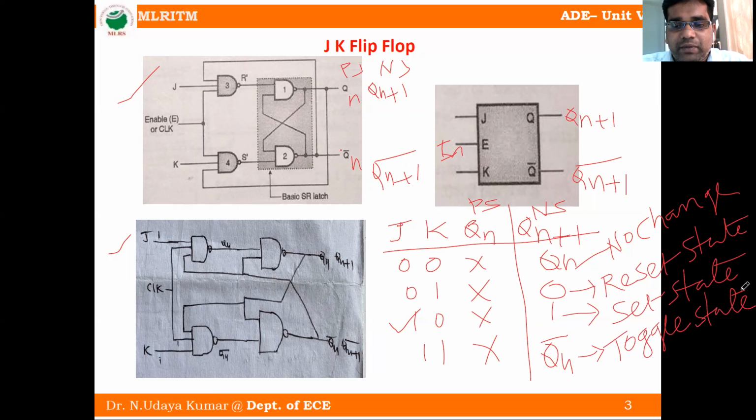That's why in the SR flip-flop that indeterminate state is not used. Here in the JK flip-flop this state also we can use. Whenever JK is equal to 1, 1 we got the toggle state. So this is the truth table for the JK flip-flop.